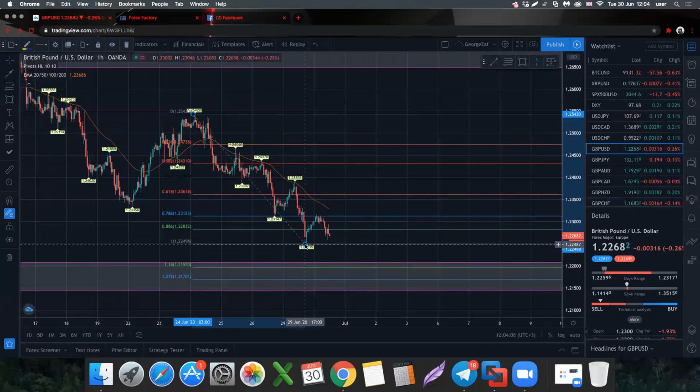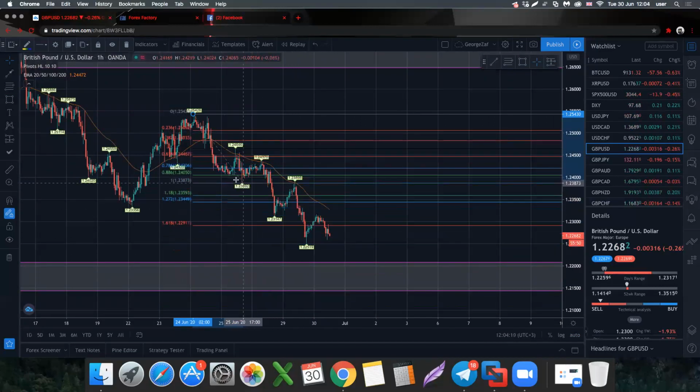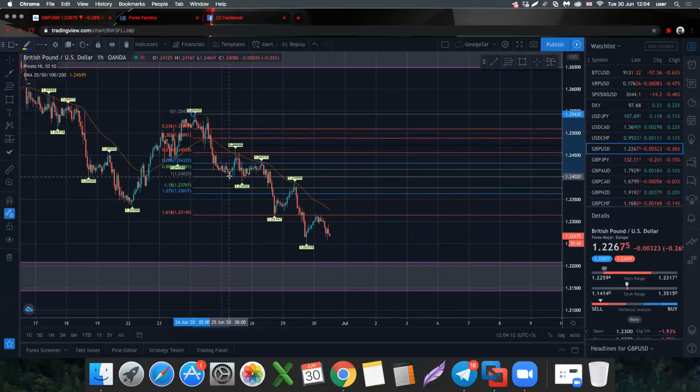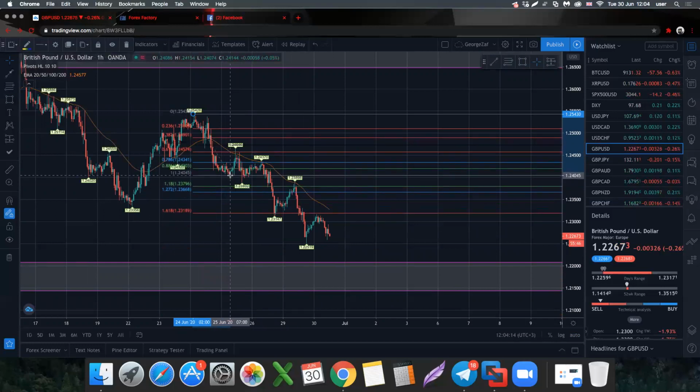But let me show you how Fibonacci works again. Like, let's say that we are here on 25 days ago, 100% level, retraced to 61, smashed the 161.8 extension level, okay?